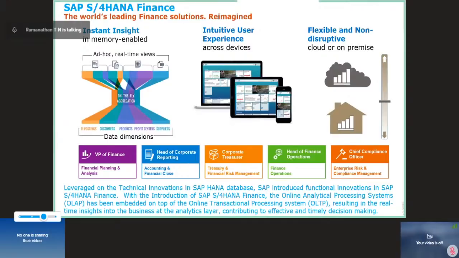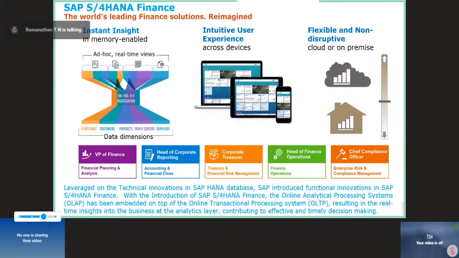At the same time, traditionally, we in finance are more familiar with Excel-based activities. So typically, organizations work on non-system processes.